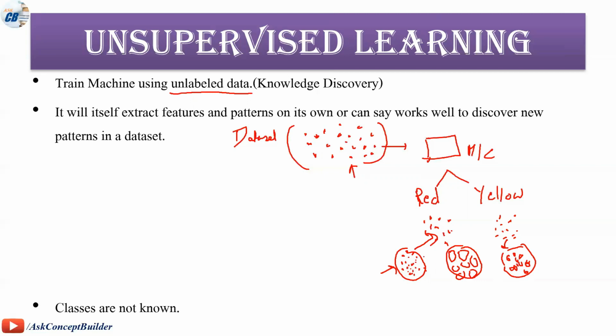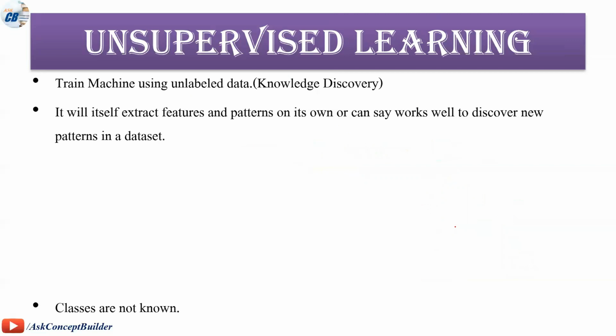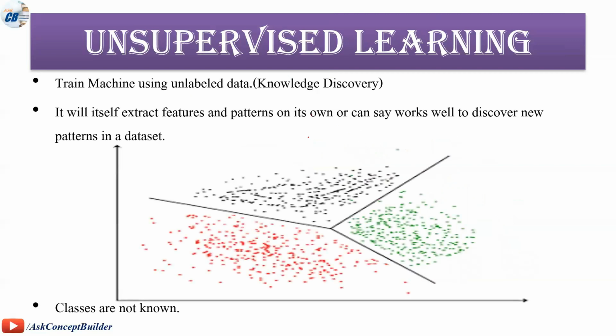You can see in the diagram these types of clusters the machine will form based on the features. Because we know, we can say that this can be bananas, this can be apple, or this can be cherry. Based on the features, it has itself marked three clusters. So classes are not known here.